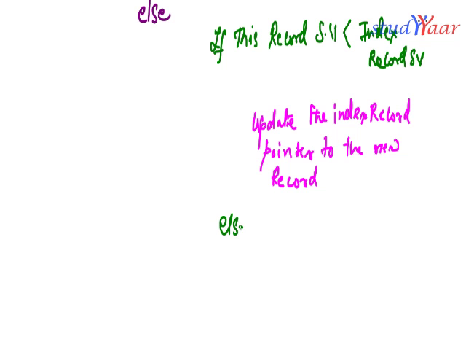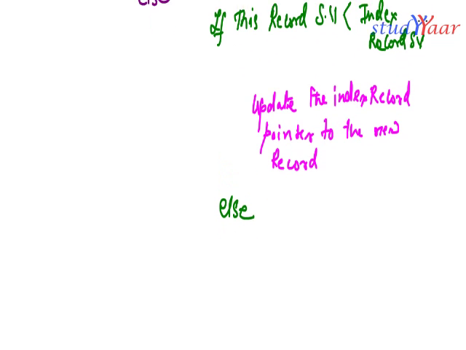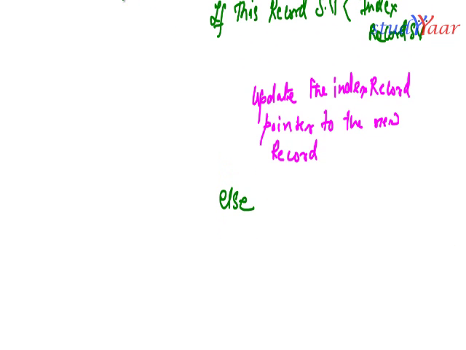Else, if this new record's search value is greater than the index entry, then we do nothing, just insert the record.